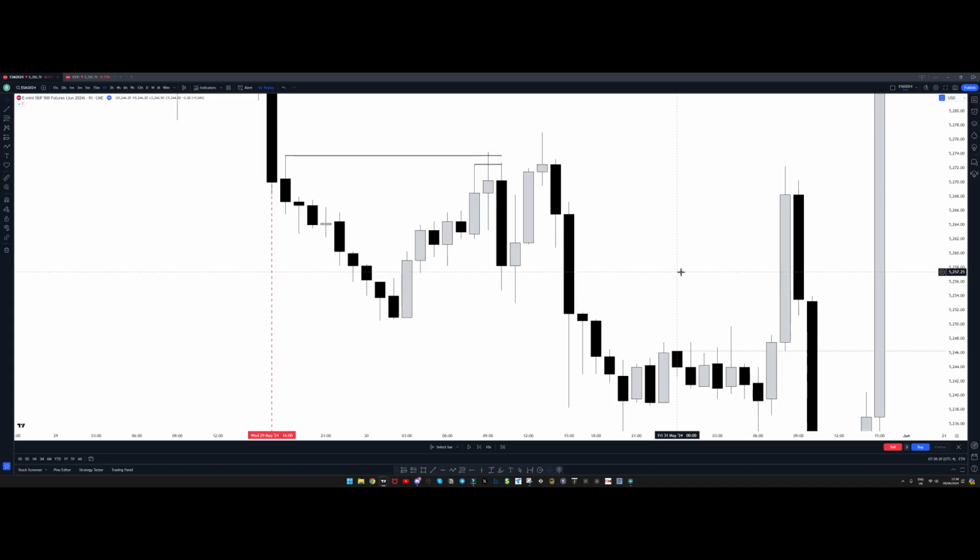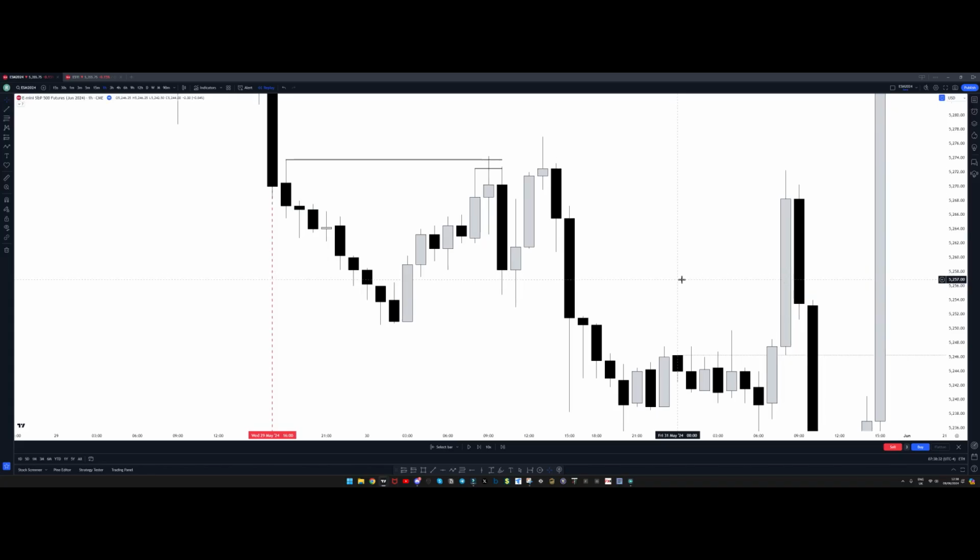Guys, Luke, what time's this candle? Candle number 1. 8 o'clock. What time's the manipulation candle? What time do we expect the manipulation, other than the next news time? 9:30.